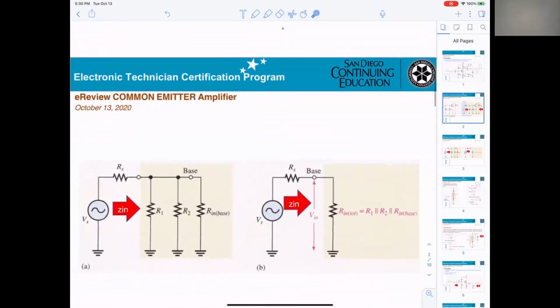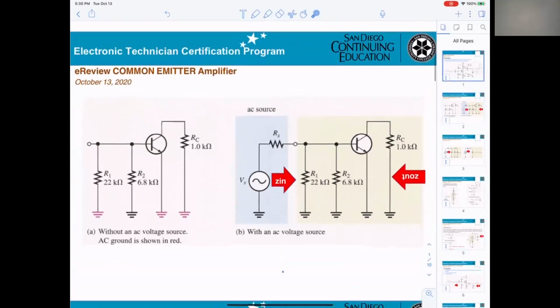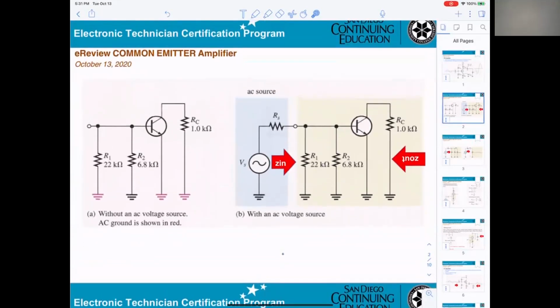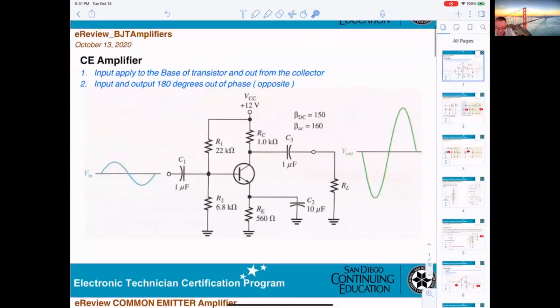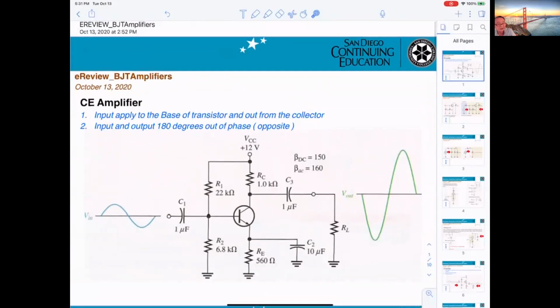What are R1 and R2 used for? Why are R1 and R2 used here? I repeat: to bias the transistor, you can use two power supplies, or you can use one power supply.